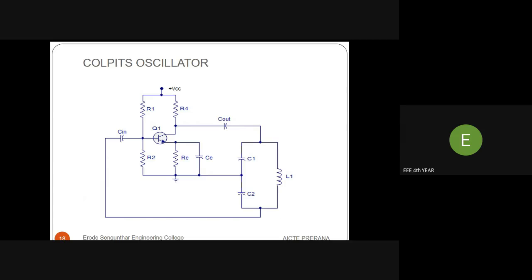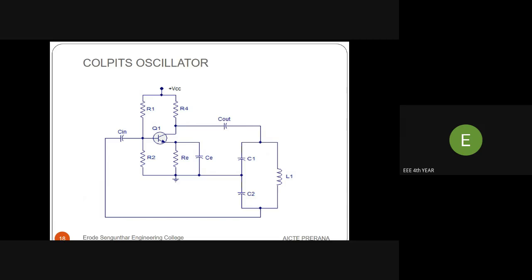The feedback circuit consists of two capacitors and one inductor. The two capacitors are connected in parallel to the inductor. This feedback circuit gives a 180-degree phase shift, so the total phase shift of the oscillator is 360 degrees.